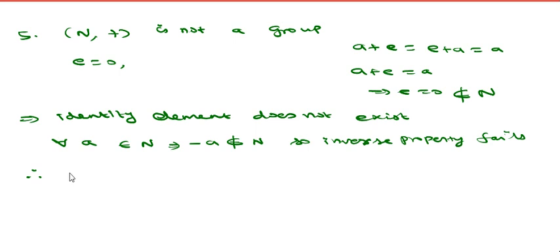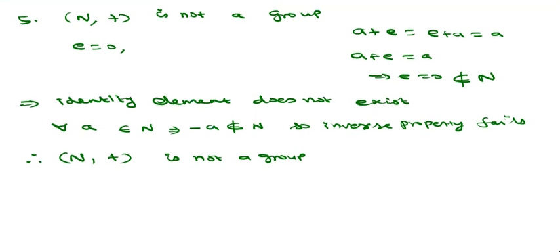Therefore the conclusion is N comma plus is not a group. Similarly, N comma minus is also not a group.